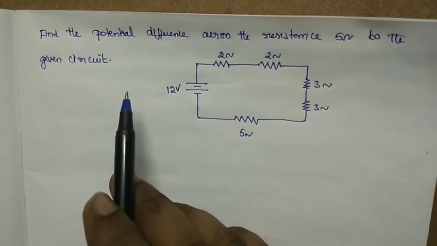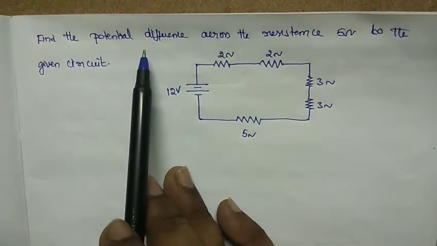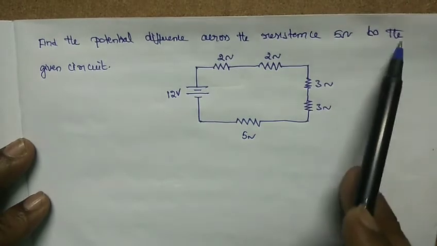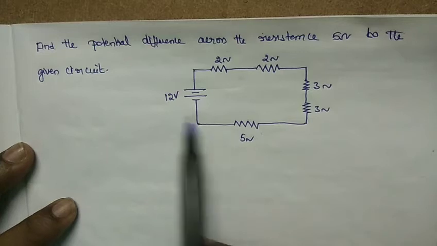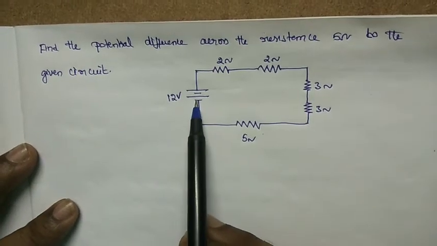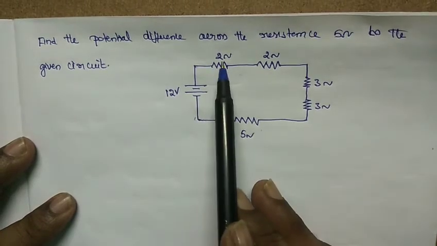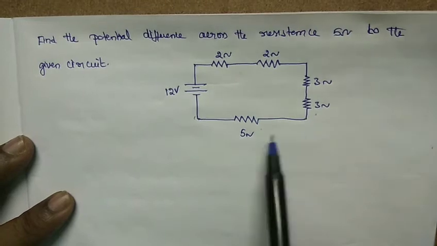See here one more example. Find the potential difference across the 5 ohm resistance in the given circuit. This is the given circuit. A 12 volt battery is connected across these resistances. The resistances are 2 ohms, 2 ohms, 3 ohms, 3 ohms, and 5 ohms.